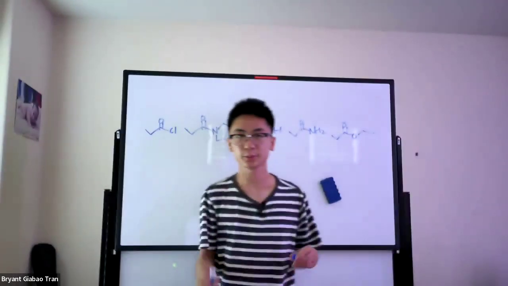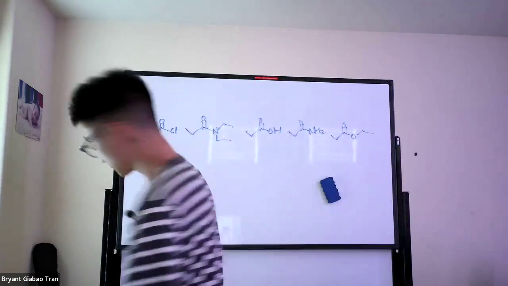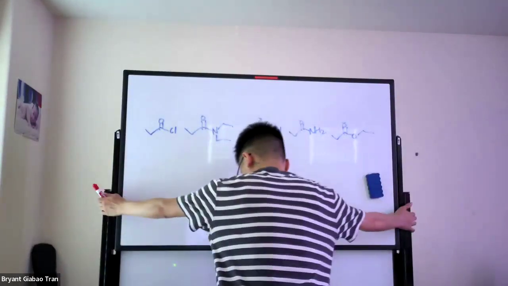Okay, let's rank these carboxylic acid derivatives in order of increasing acidity, where 1 is going to be the most acidic and 5 is going to be the least acidic.